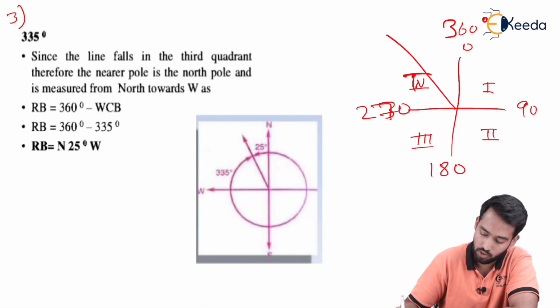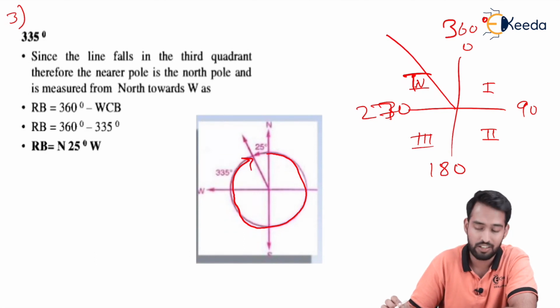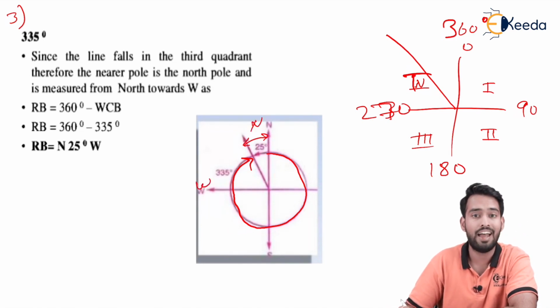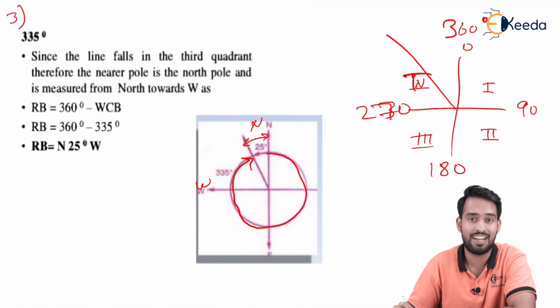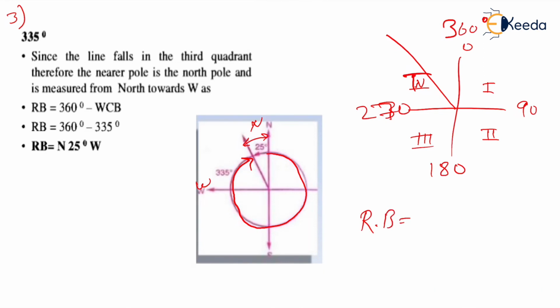So over here we have drawn a figure. We are given a whole circle bearing total of 335 degree. We have to find out the angle between north and west because it lies in fourth quadrant. How will you find out? What was the rule?